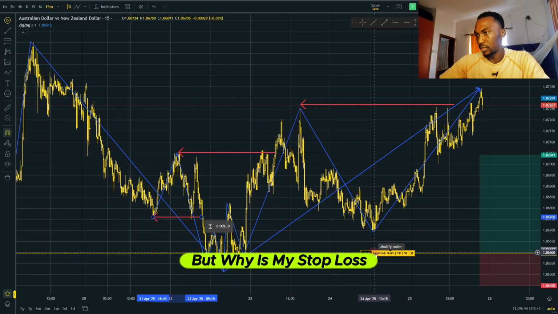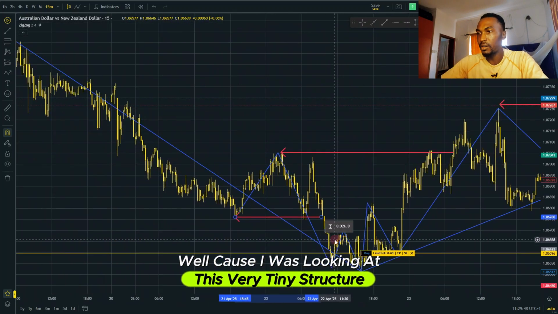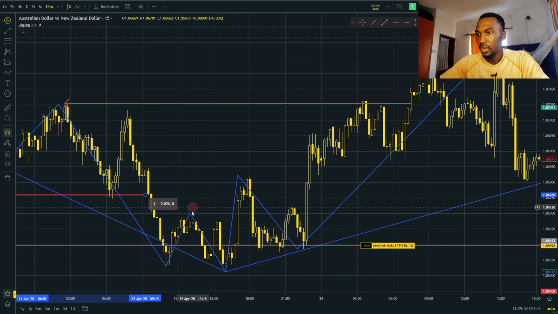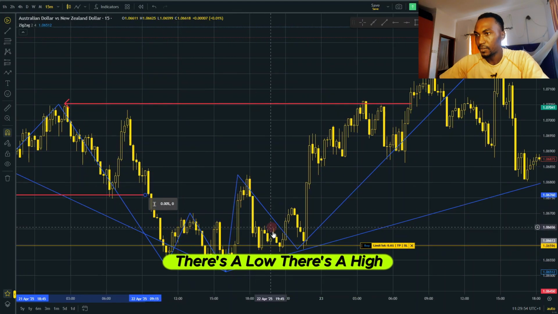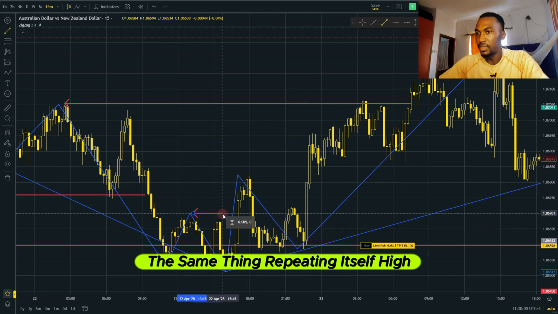But why is my stop loss down here? Well, because I was looking at this very tiny structure down here. You can see I also have another blue on top. There's a low, there's a high, there's a high again. So you can see the same thing repeating itself.